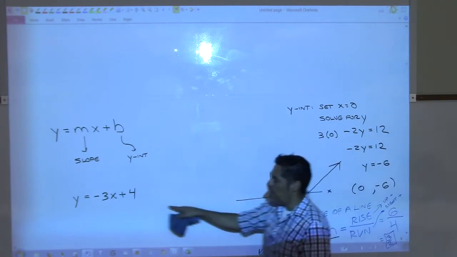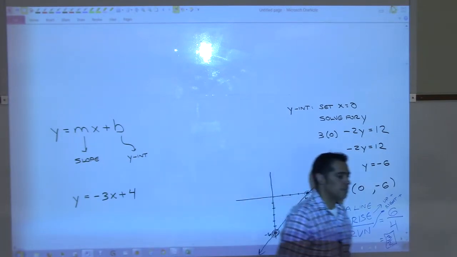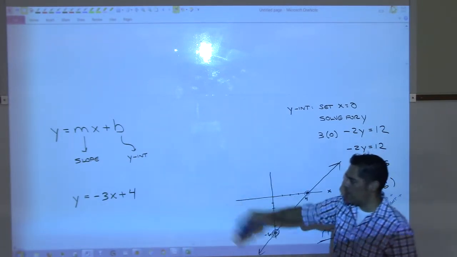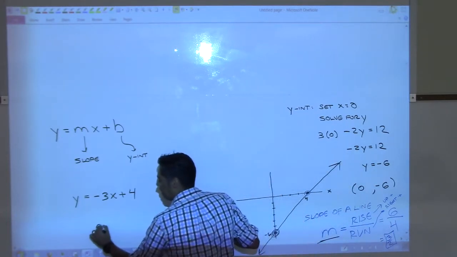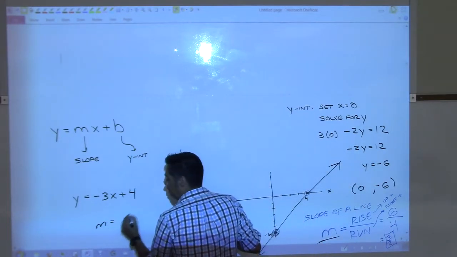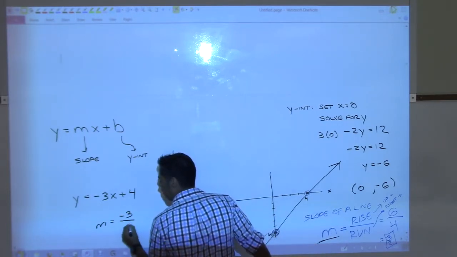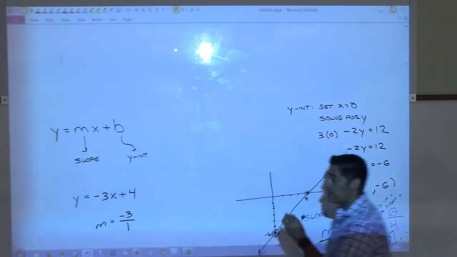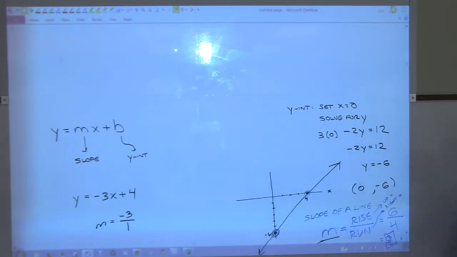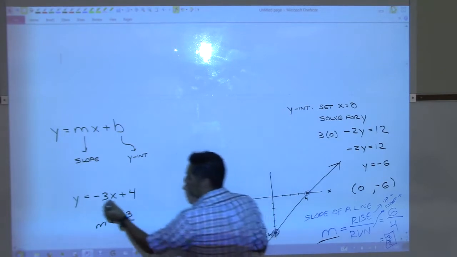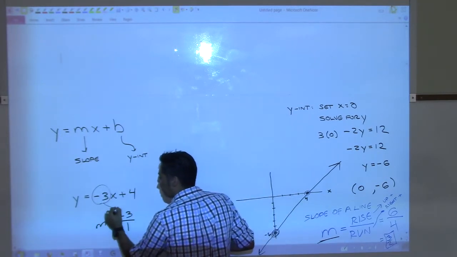Can you tell me just by looking at this what the slope is? What is m here? Negative 3, right? But we need to look at that as a fraction. So I'm going to put negative 3 over 1, because that's negative 3, isn't it? Make sense? We always have to look at that number right there as a fraction.